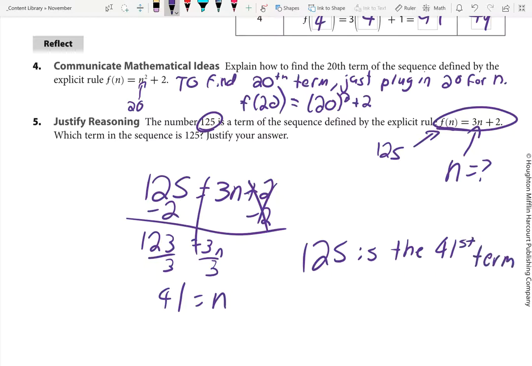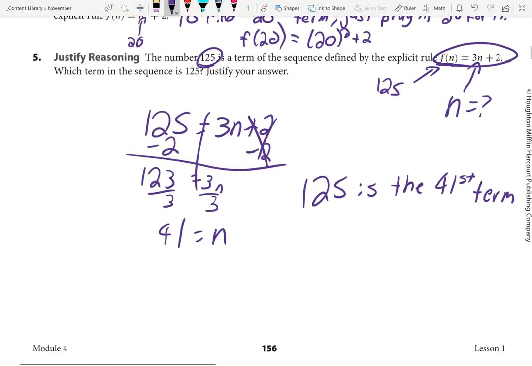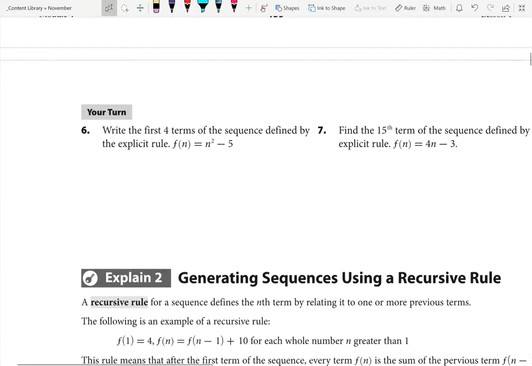Okay, so you might need to rewatch that, what I just did there, to really let it sink in a little bit. I would say it's definitely worth rewatching because it can be a little bit confusing, the fact that we're doing the problem a little differently than we did like number 4, for example.